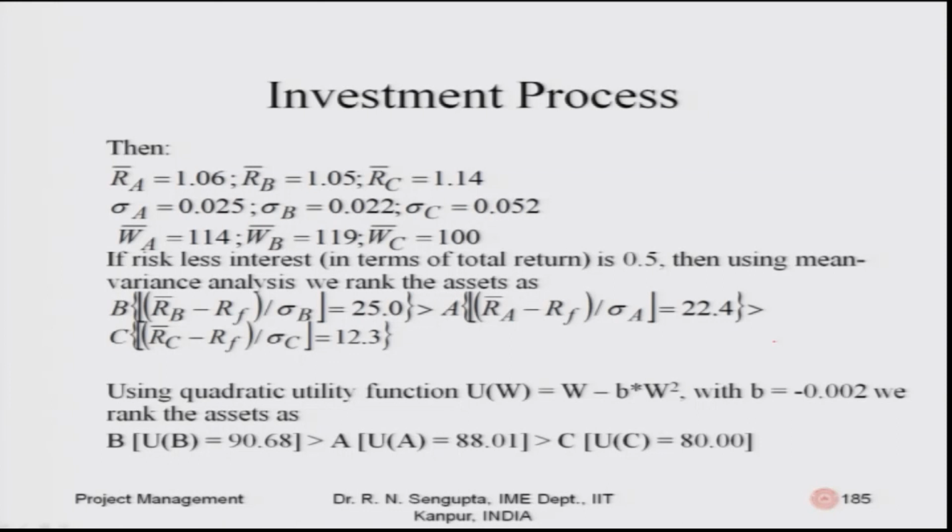If you concentrate on this formula, it basically normalizes the return of B with respect to its average value and standard deviation. Similarly for A, we normalize the return of A with respect to its average value and standard deviation, and similarly we normalize C. The normalization is done based on a datum: whether the return of A, B or C is more or less than R_F, the risk free interest rate.